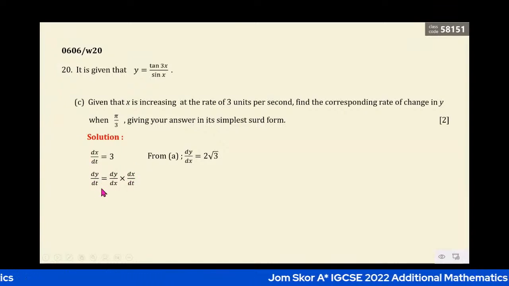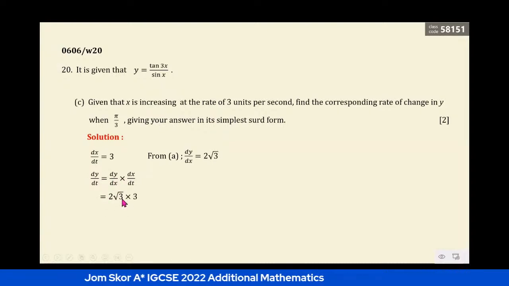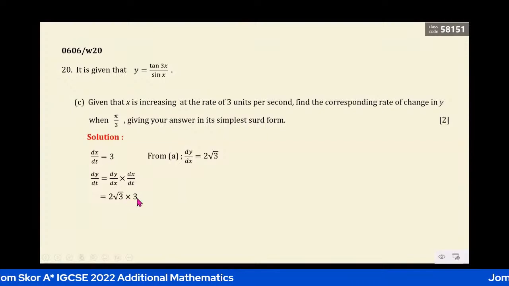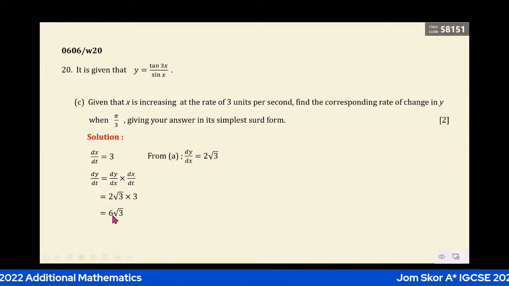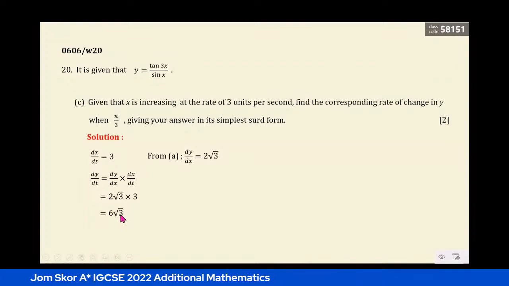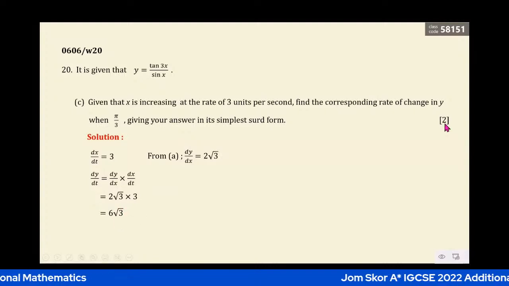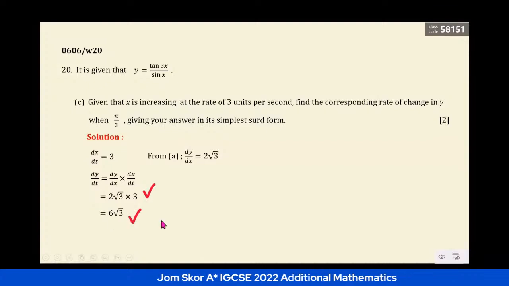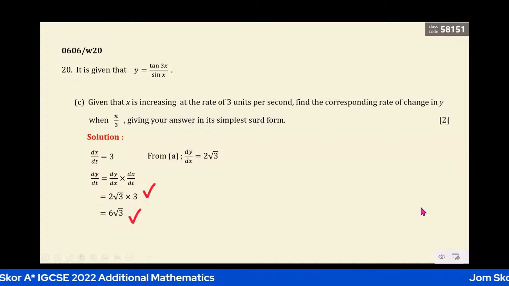So what is your dy/dt? dy/dx is 2 root 3 multiplied by 3, then the answer is 6 root 3. Give your answer in its simplest surd form. This is already in simplest surd form, the root 3 cannot be reduced any further. So it will be 6 root 3. The answer 2 here gets 1 mark and then 6 root 3 gets 1 mark.